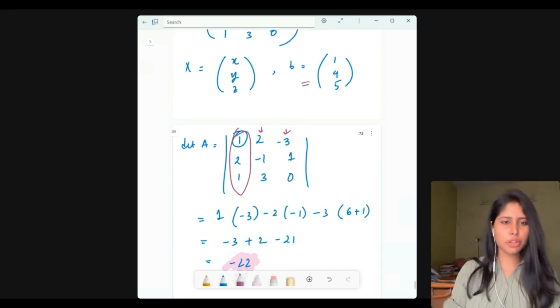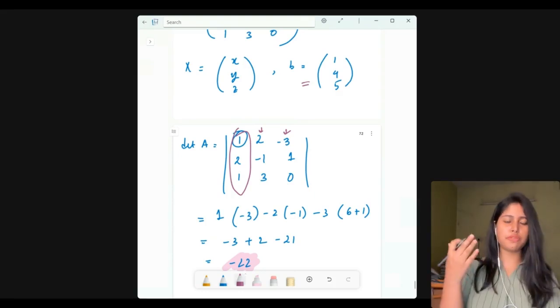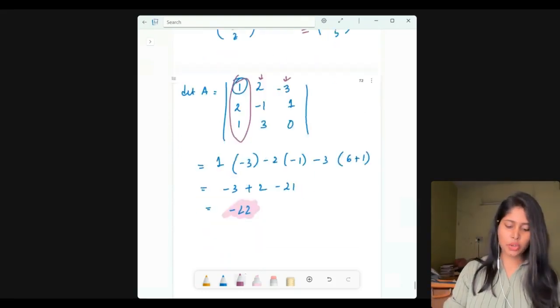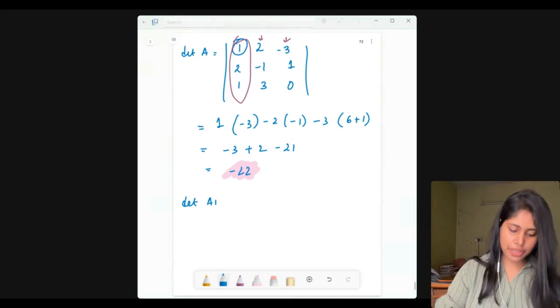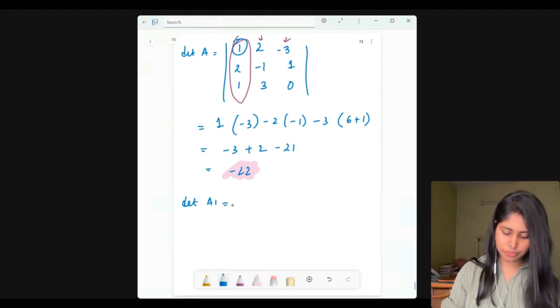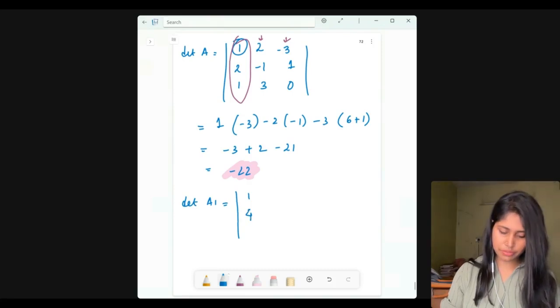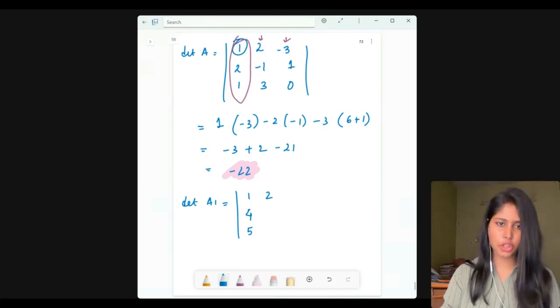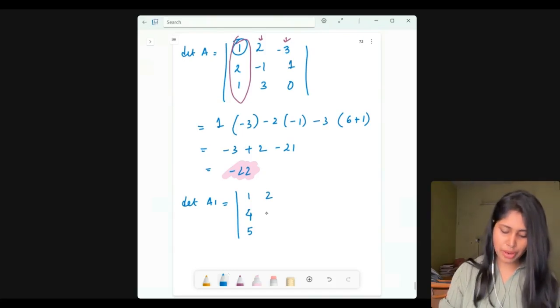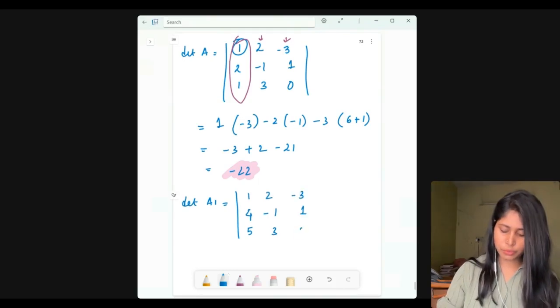Then Cramer's rule will be one of the most efficient ways to find the unknowns of a system of linear equations. Let me find the determinant of A1. For the determinant of A1, you write 1, 4, and 5, and the second and third columns stay the same: 2, minus 1, 3, and minus 3, 1, 0.